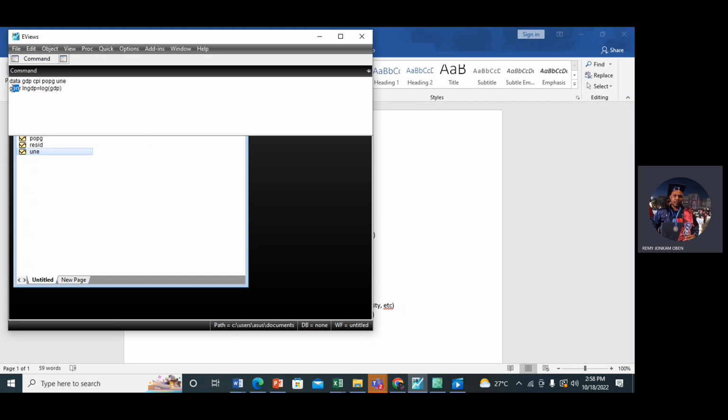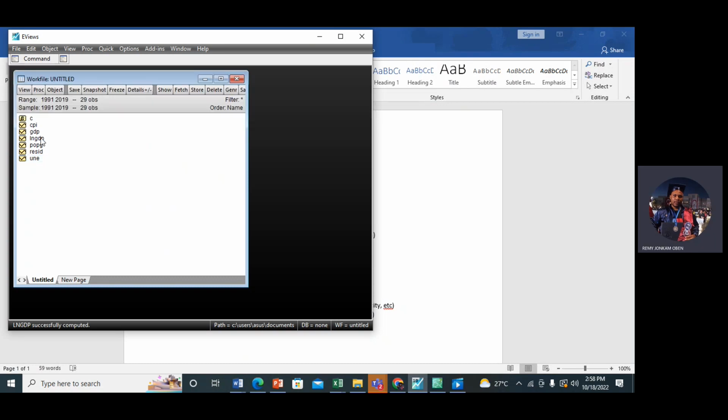GEN: you are telling EViews to generate a variable called lnGDP, and that in order to generate this variable, it should use this formula. It should take the log of GDP. Once you get to the end there, you press enter and you generate it. You come back here and you discover that this is lnGDP. We have generated the logarithmic form of GDP.